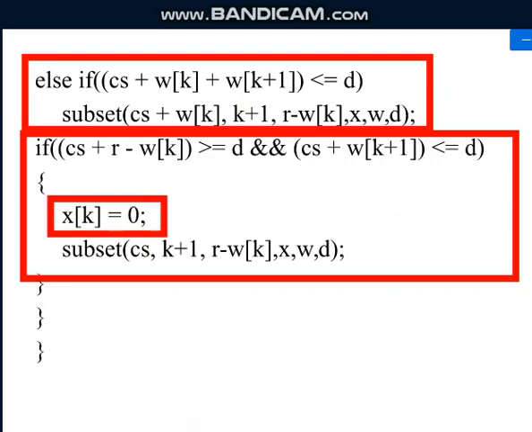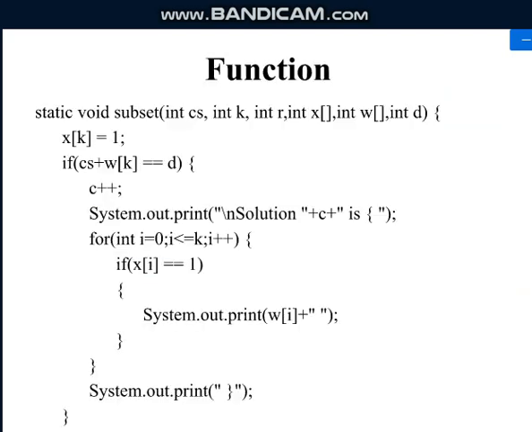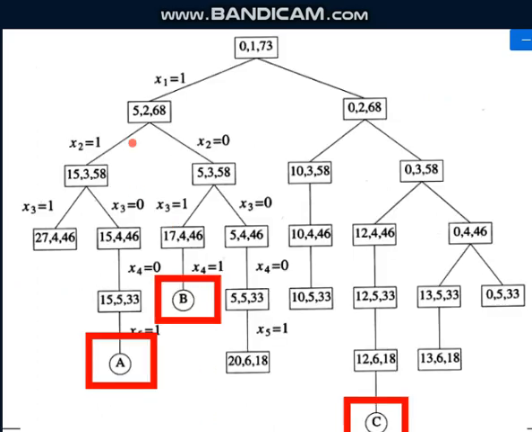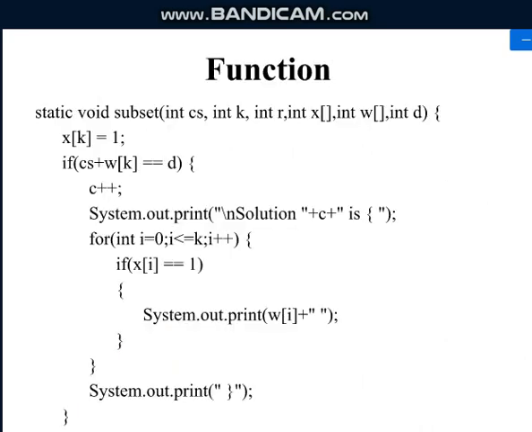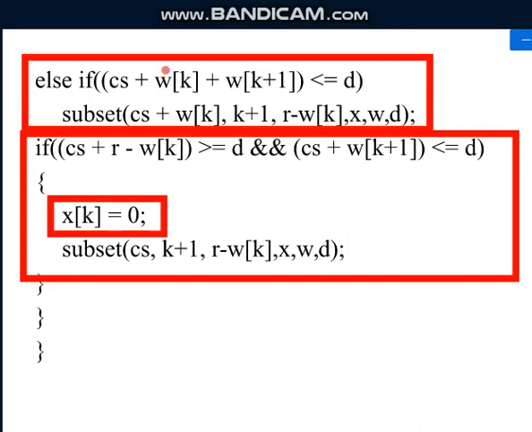Okay, see, now you included 5, you included 10. Okay, but when you included the next value, let us assume the current value is 10. So 5 plus 10, you have included 15.